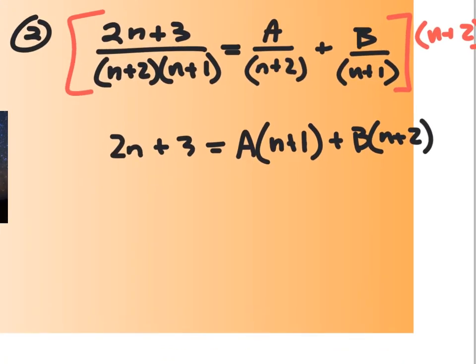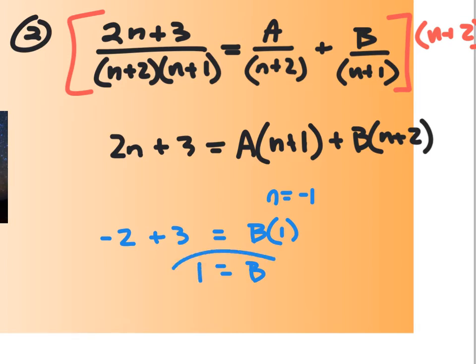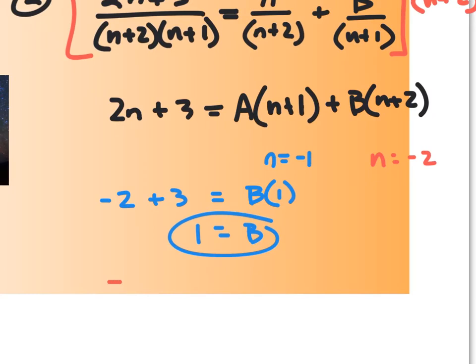Alright, so if n equaled negative 1, check out what I get. 2 times negative 1 plus 3 is equal to, a will disappear, right? But I'd get b times 1. So b equals 1. Okay, what if n equaled negative 2? Well, if n equaled negative 2, I'd get negative 4 plus 3, I was thinking ahead.